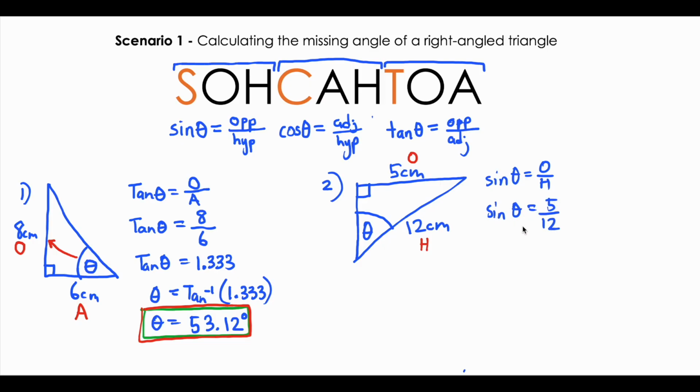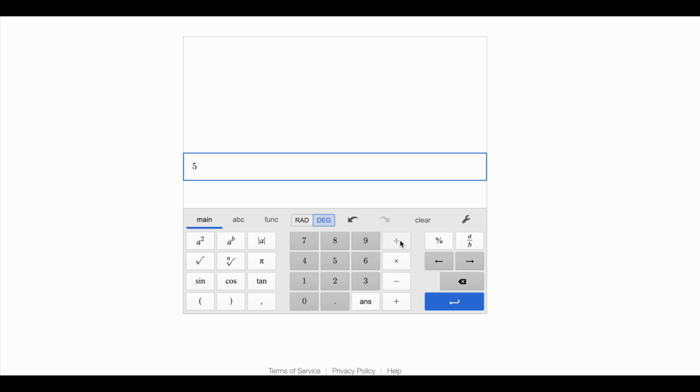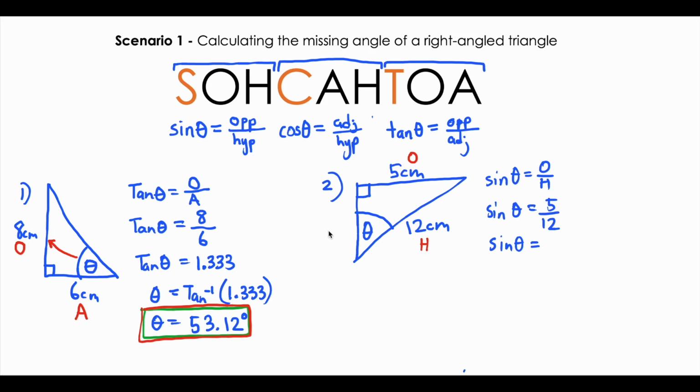So now what I need to do is divide 5 by 12 and see what I get. So 5 divided by 12 gives me 0.416666 and so forth. Because of this 6 being more than 5, I'm going to round that to 7. So therefore, this is 0.417.